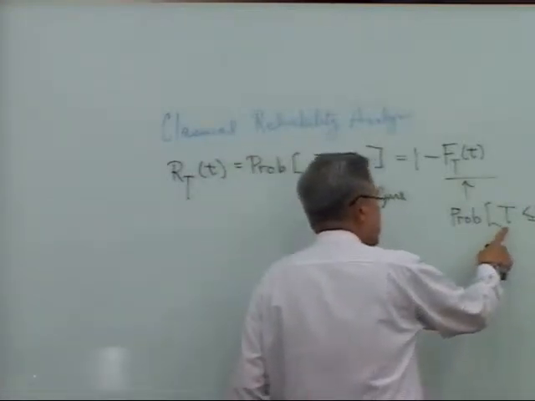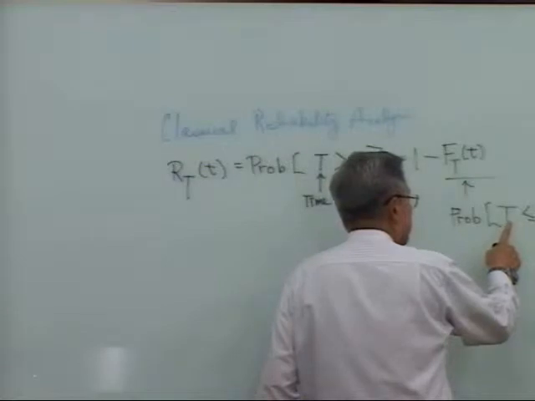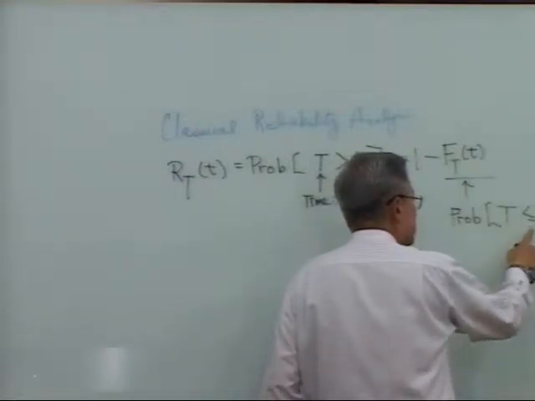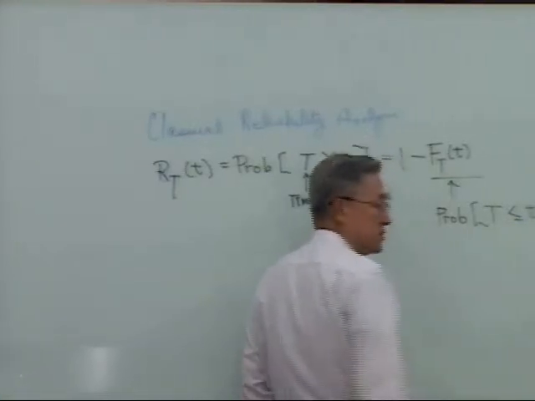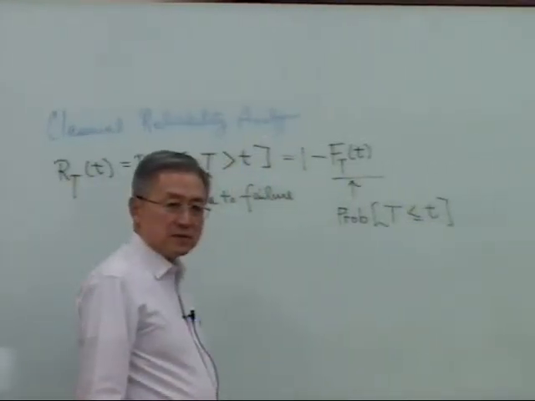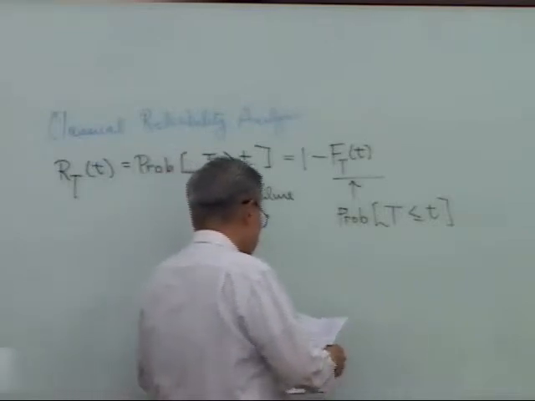So F(t) is the probability such that the time to failure is less than or equal to t.